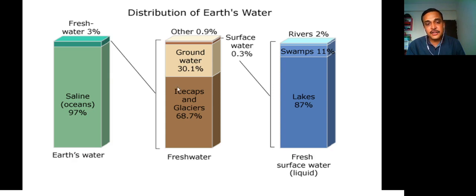This is the distribution of fresh water, the 3% of fresh water, distributed in such a way.